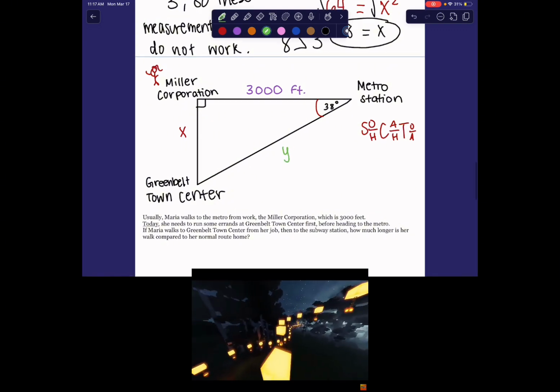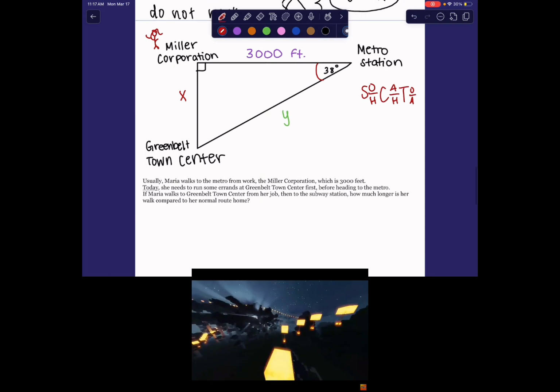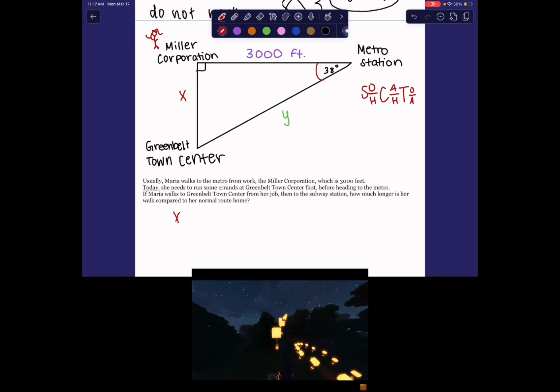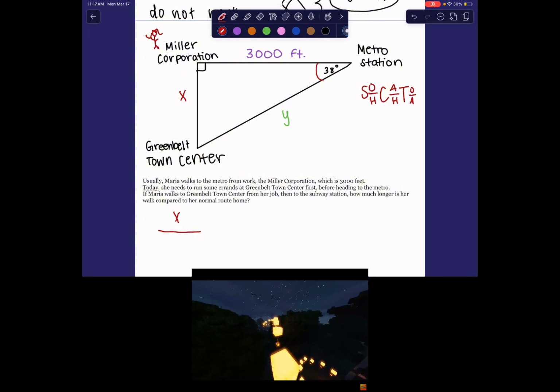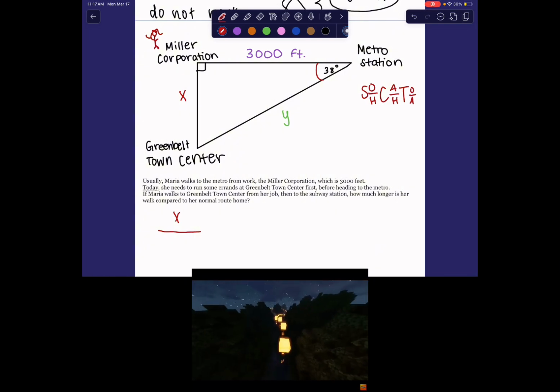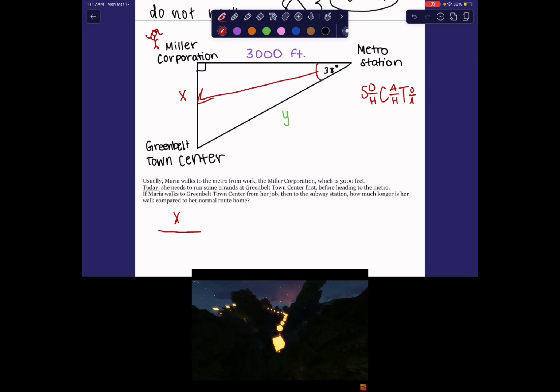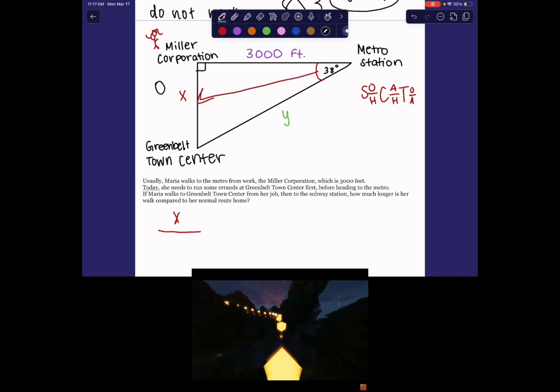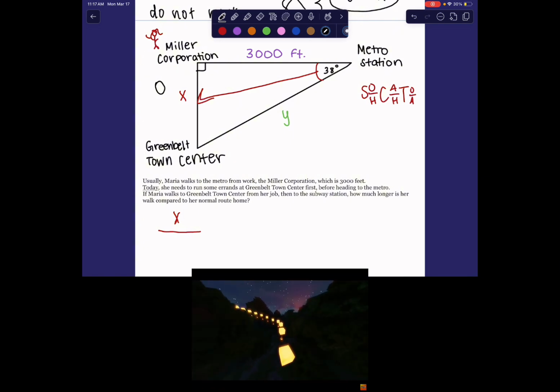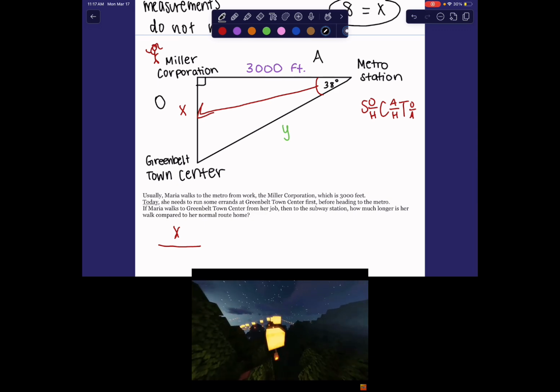Okay, let's first solve for X, which is Miller Corporation to Greenbelt Town Center. If I'm looking at my angle right here, X is opposite. And the other number they gave us is this 3,000 feet, which is adjacent.